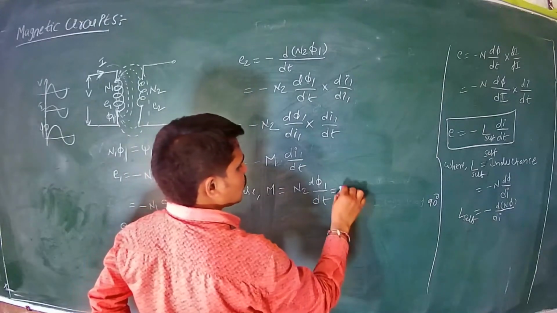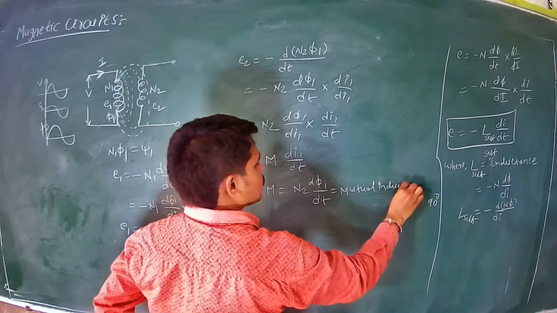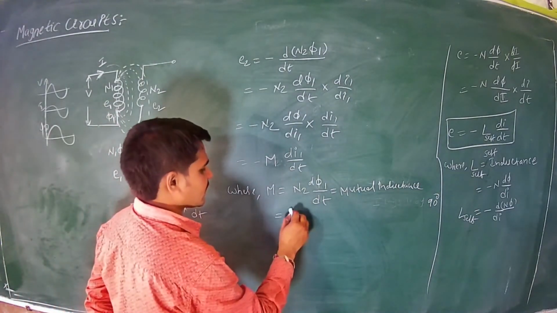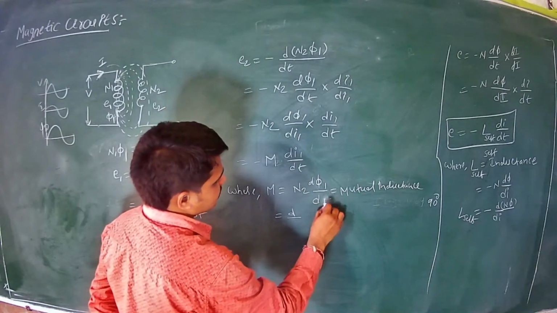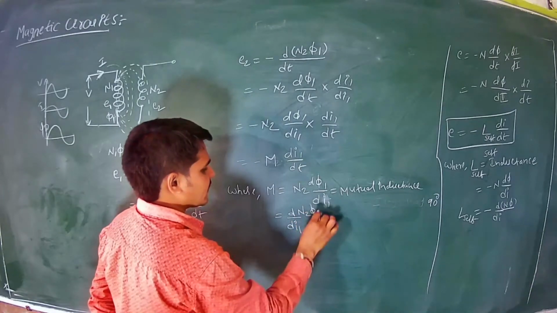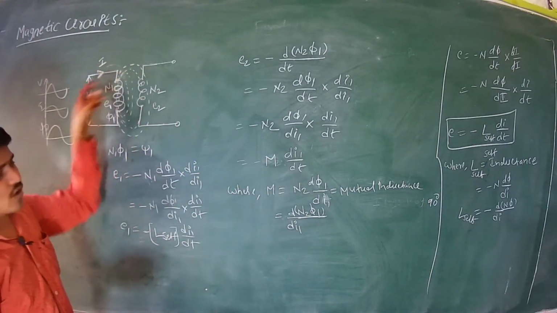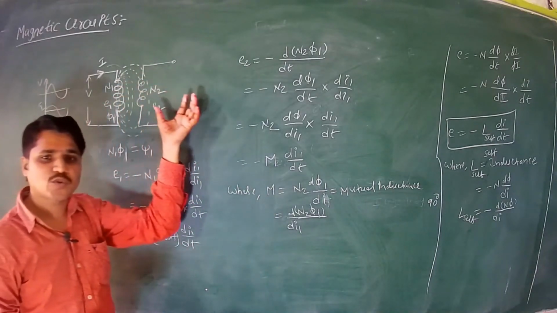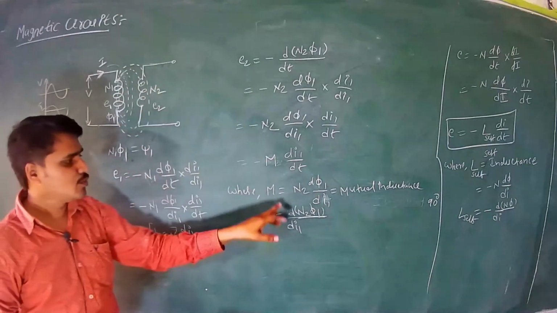This is called mutual inductance. That means the rate of change of flux linkage with respect to the current flowing through the other coil, I1, which is magnetically coupled to this coil, is called mutual inductance.